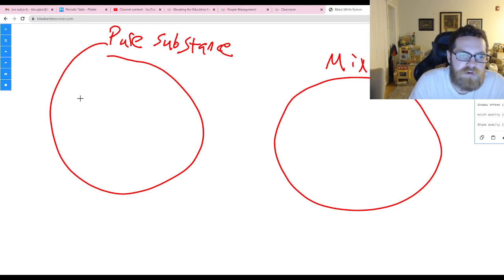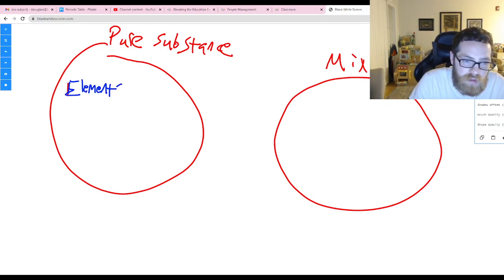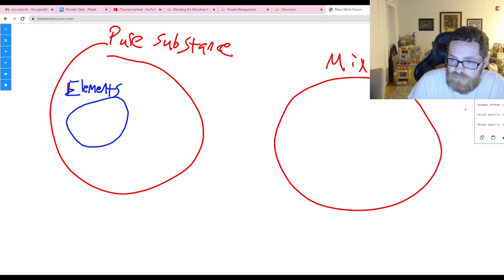However, under pure substance, right, we'd have our subgroups. Let me switch to a different color for this, actually. Let's go blue. Elements. Let's do green. Compounds.